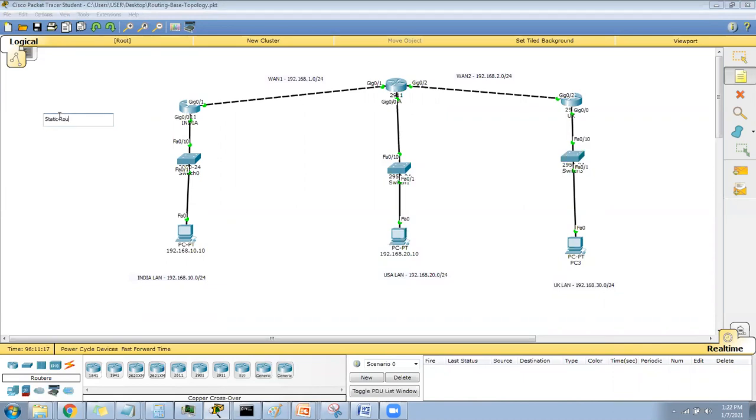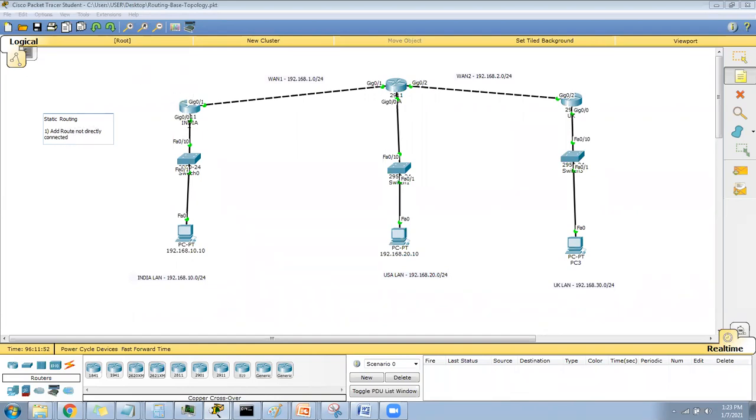First point: see the directly connected networks, or you can say the missing routes, the ones not directly connected. We'll say add. So the first point is to add routes not directly connected.